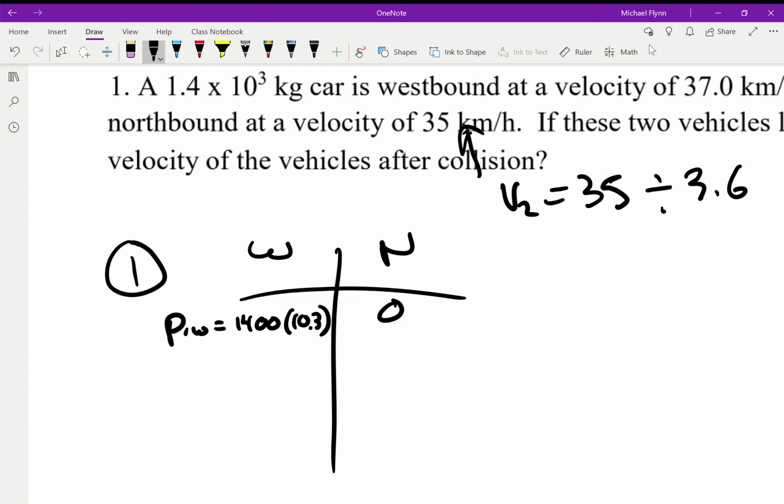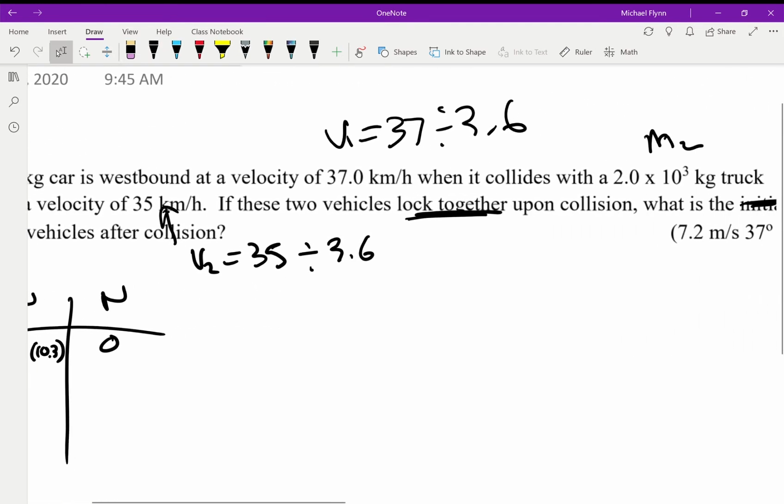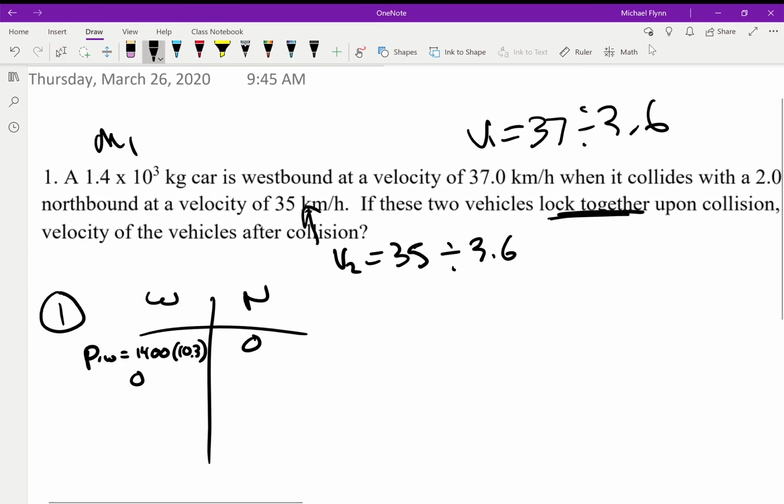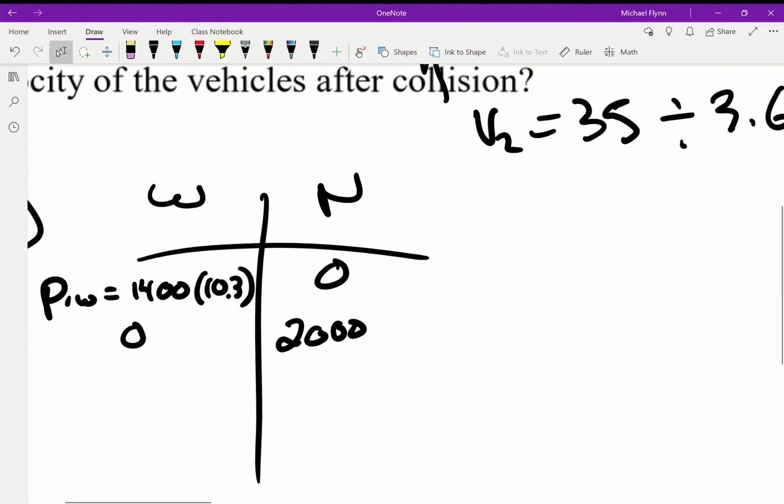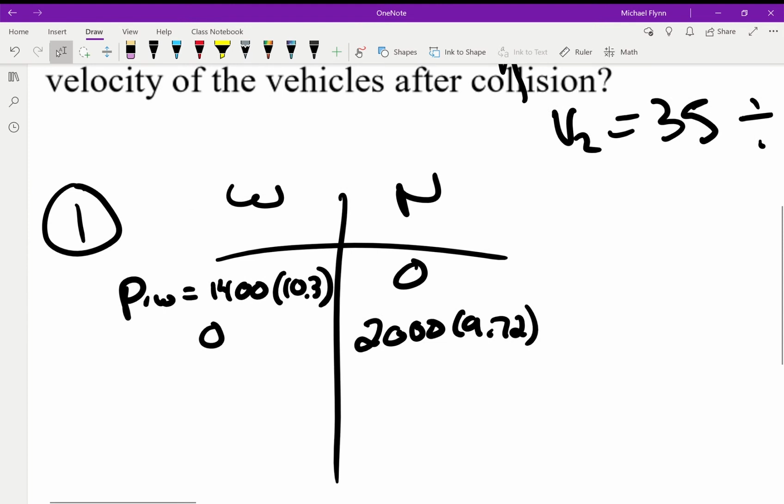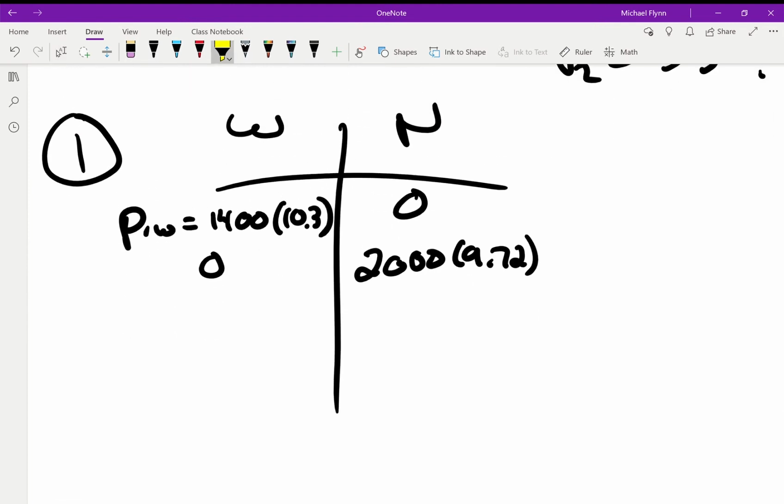So car number 2 has 0 westward, and his mass is 2,000, so it's 2,000 times 9.72. That's it for before the collision.